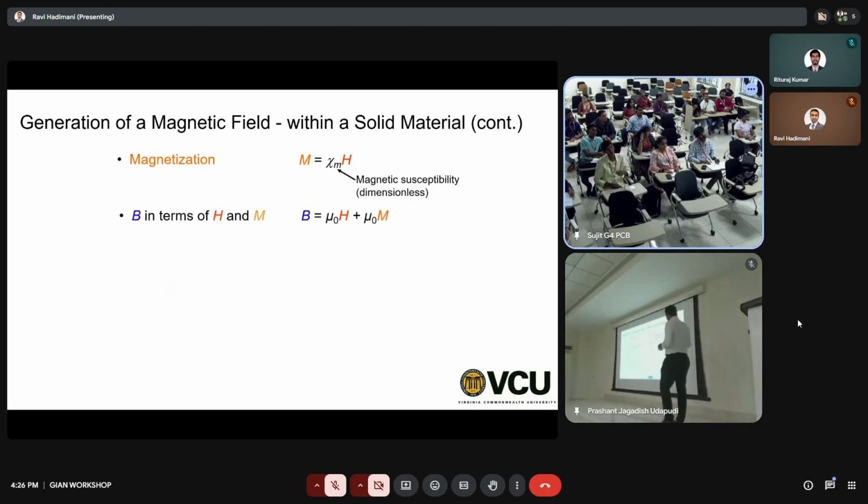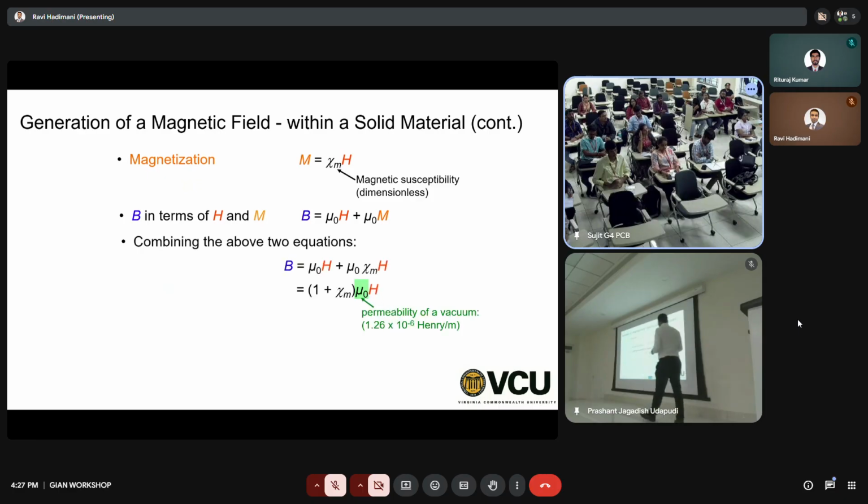So now, magnetization is chi H, B is mu H. But if you want B in terms of H and M, it's mu naught H plus mu naught M. So you see here, B depends on both the applied magnetic field as well as the magnetization. So now you can use a different version of the same thing.